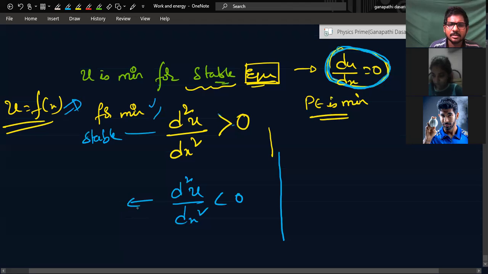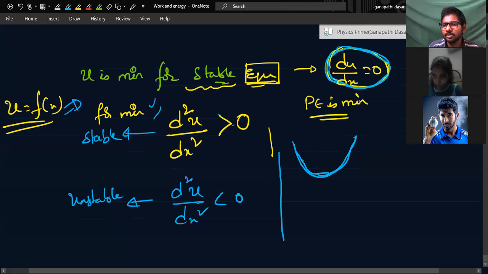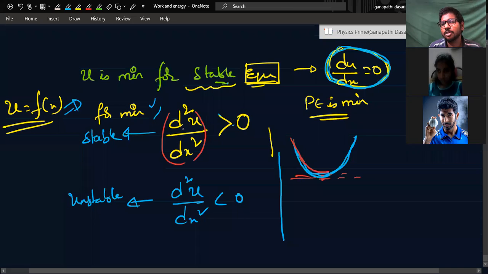Maximum is unstable. Actually, why is it so, in mathematics? I'll try to tell you here. Suppose a minimum looks like this, the curve here. d2u by dx2 is the rate of change of slope.